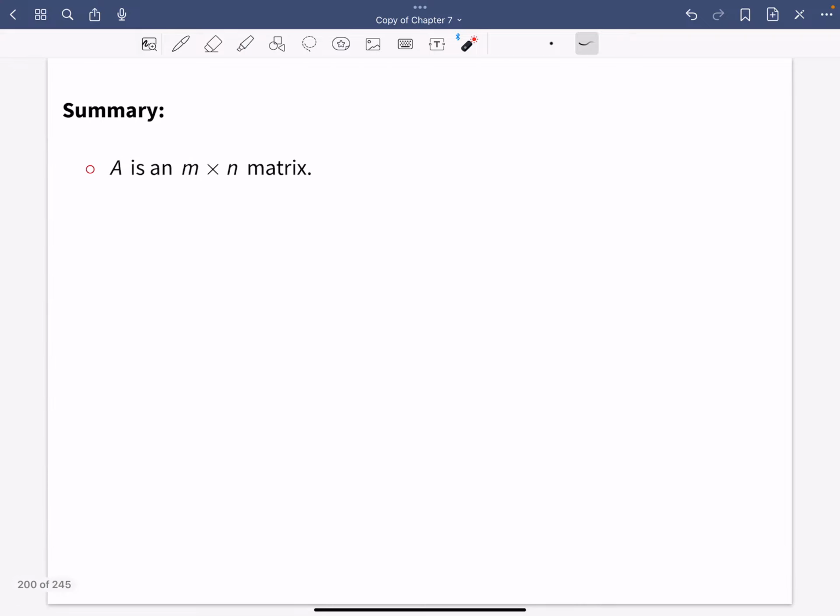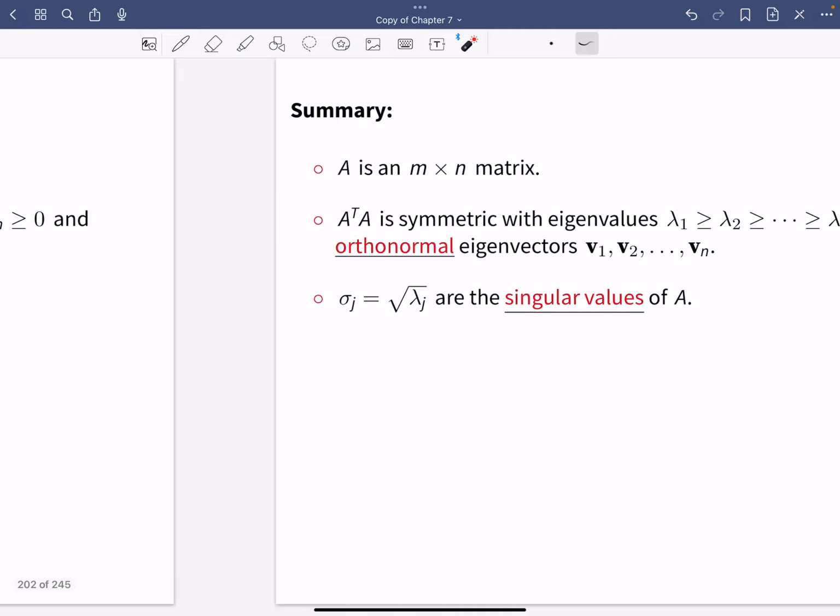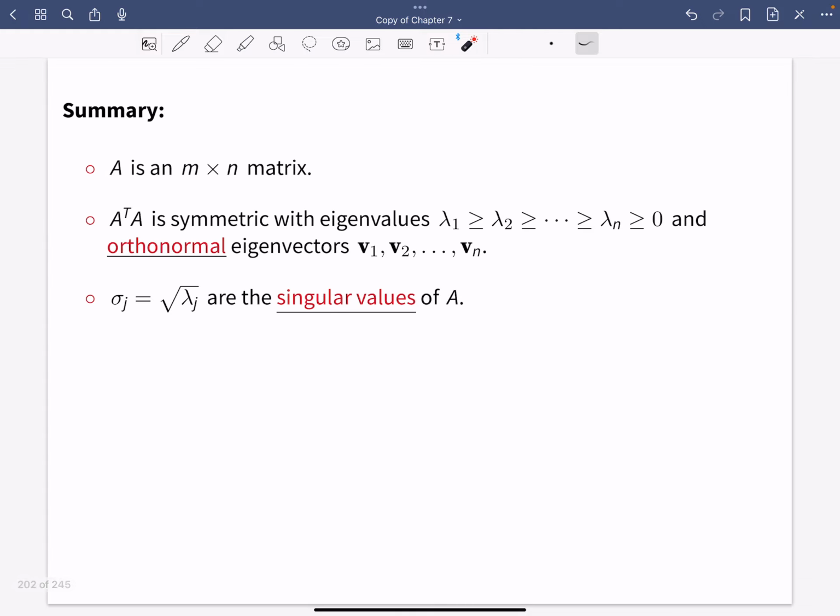So, quick review: A is an m by n matrix. A transpose A is going to be symmetric, and the eigenvalues are going to be non-negative, with corresponding eigenvectors v1 through vn, and these are going to give you an orthonormal basis for R n. The singular values are precisely the square roots of these eigenvalues.